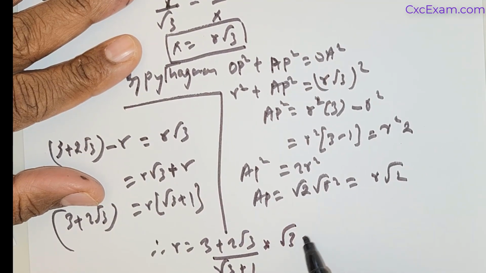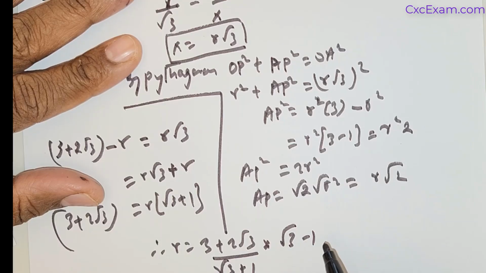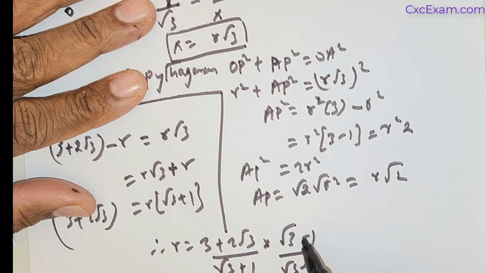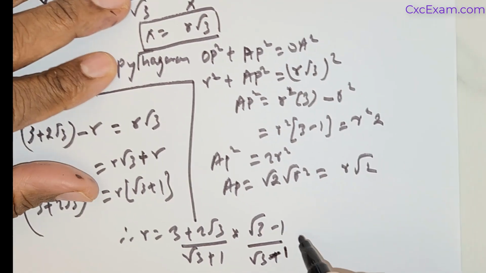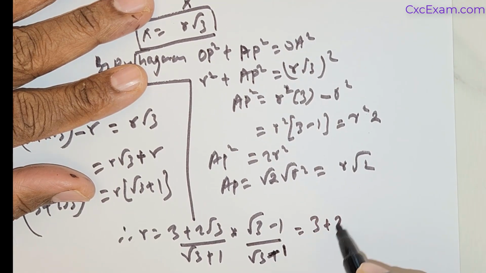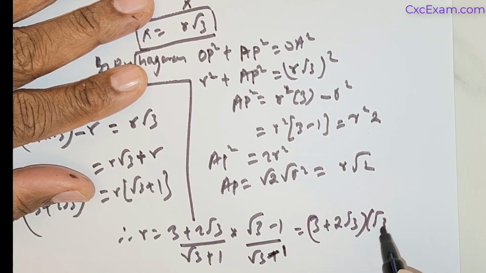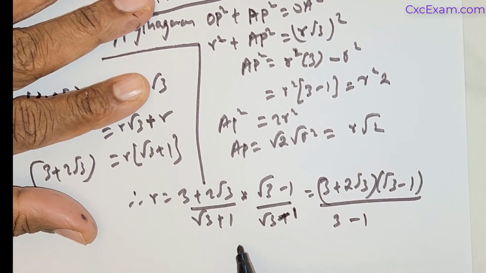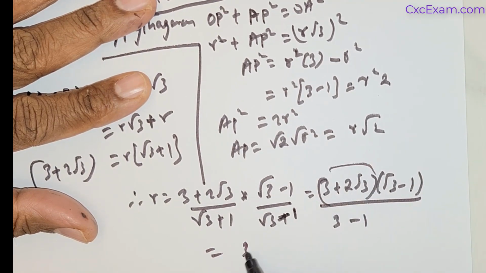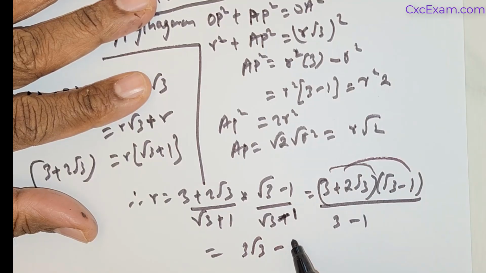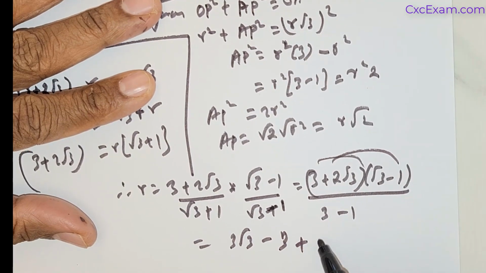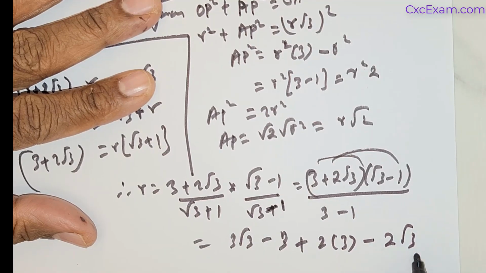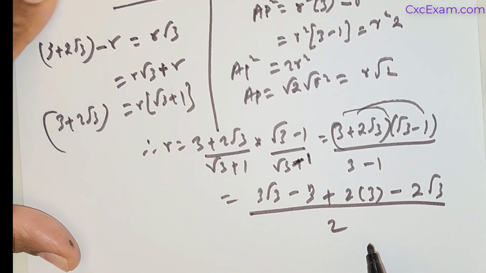I multiply by, in fact, it does not matter. I'll rationalize with root 3 minus 1 and divide it by root 3 minus 1. So it's going to be (3 + 2 times root 3) times (root 3 - 1), over 3 - 1. I multiply 3 into root 3, 3 into negative 1, and then 2 into root 3 into root 3 is 6, and then negative 2 into root 3, divided by 3 - 1, which is 2.